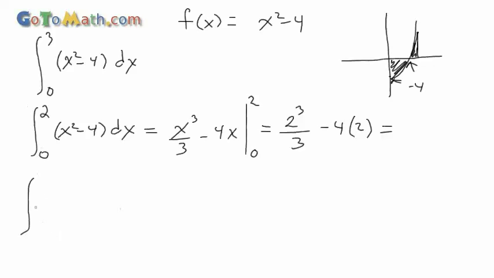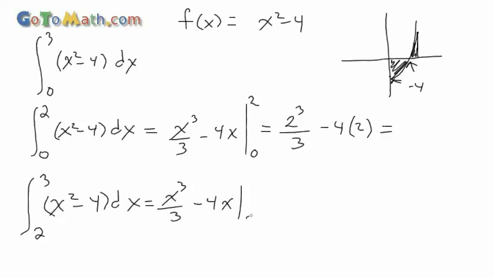Okay. Now we're going from 2, and 3 was our upper bound, of x squared minus 4 dx. So we end up with x cubed over 3 minus 4x, going from 2 to 3.